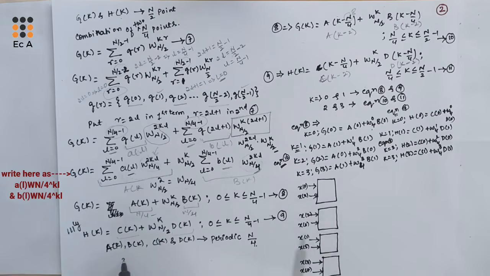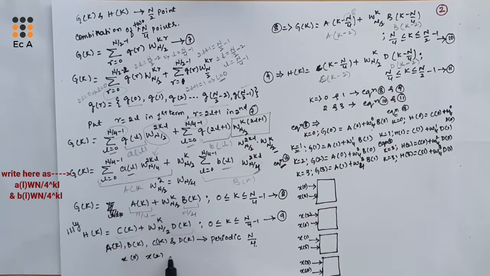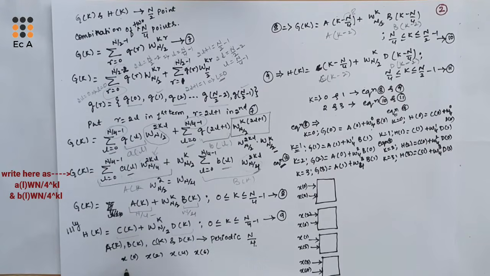So, here what we have done, we will take even and odd sequence of x of n. So, even sequence is x of 0, x of 2, x of 4, x of 6 and odd sequence is x of 1, x of 3, x of 5 and x of 7.